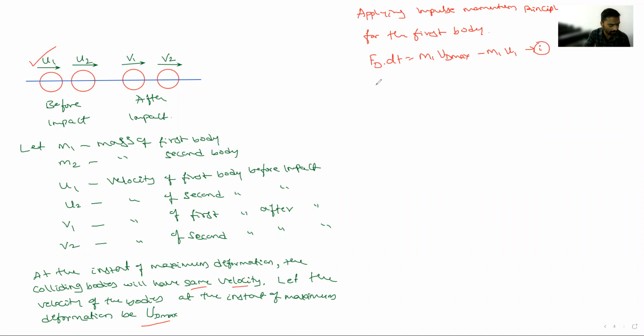For the restitution period, Fr is the restitution force, so Fr into dt is equal to m1 into v1 minus m1 into ud max.